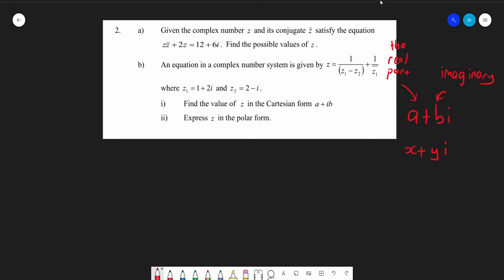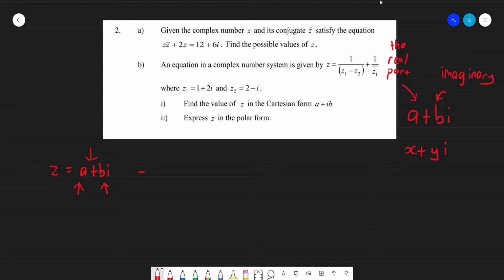Okay, so let's say I want my z to become a plus bi. z is equal to a plus bi. And we all know that the term for conjugate is that the real part will keep the same value, while the imaginary part will change. Its direction will be negative.